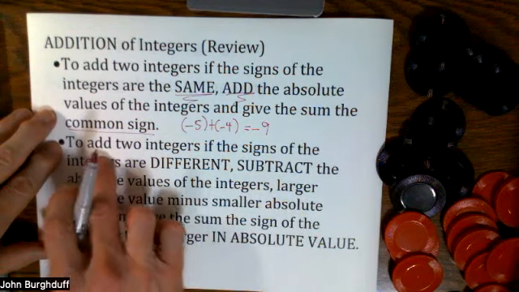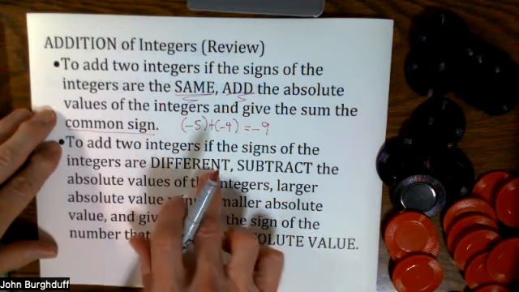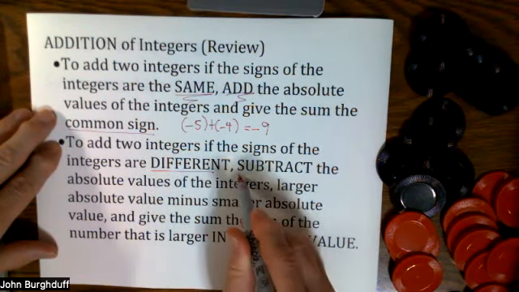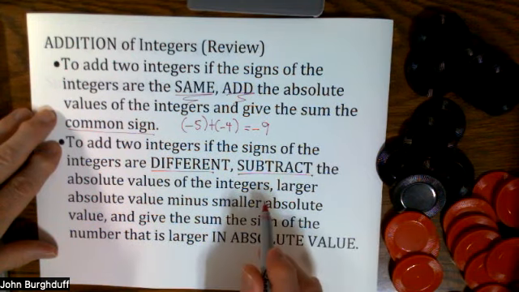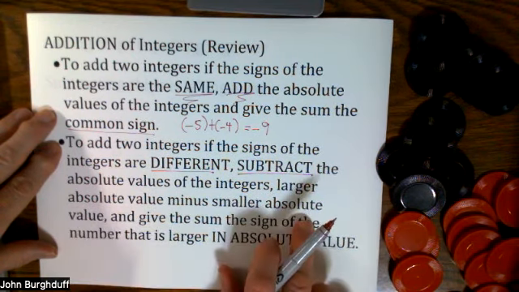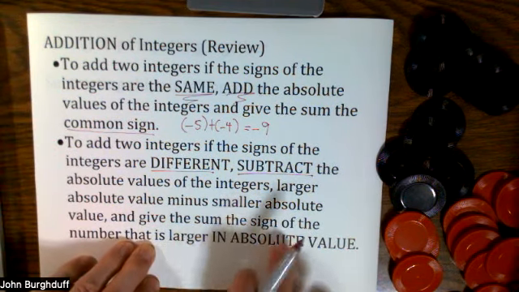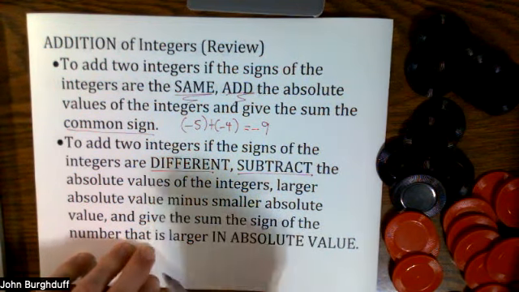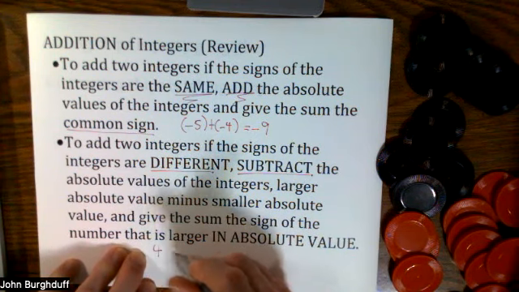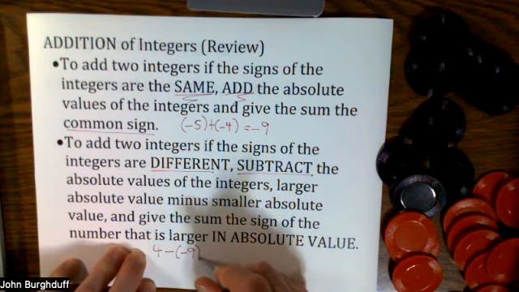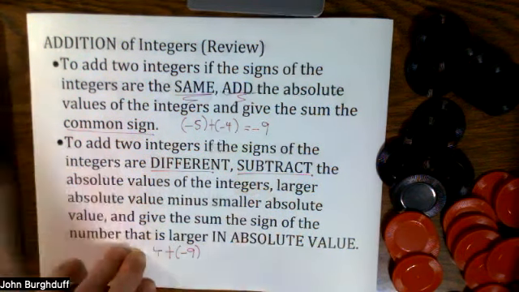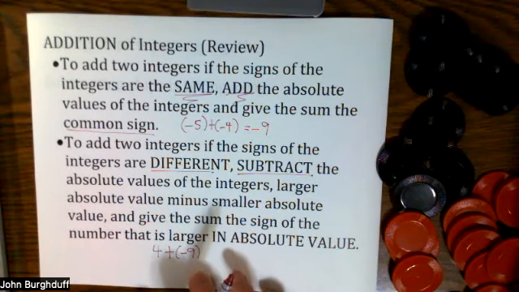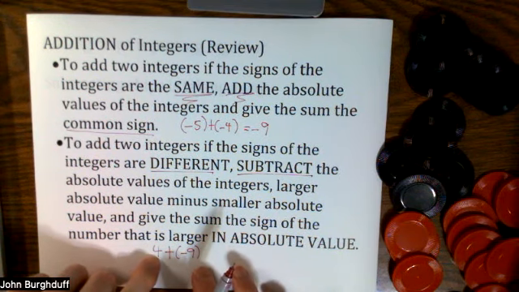Slightly different if you're adding two integers and the signs of the integers are different. If the signs of the integers are different, subtract the absolute values of the integers, larger absolute value minus smaller absolute value, and give the sum the sign of the number that is larger in absolute value. So an example there would be 4 plus -9. I'm adding two integers with different signs. What this says to do is to subtract the absolute values of the numbers.